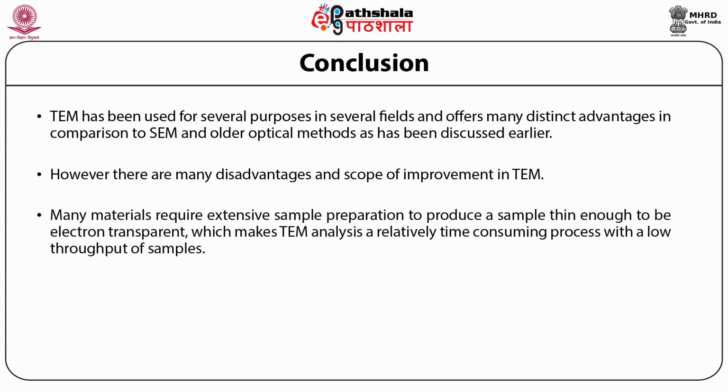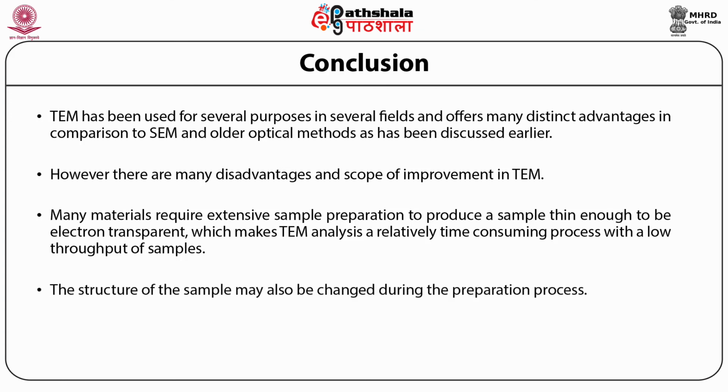Many materials require extensive sample preparation to produce a sample small and thin enough to be electron transparent, which makes TEM analysis a relatively time-consuming process with a low throughput of samples. The structure of the sample may also be changed during the preparation process.